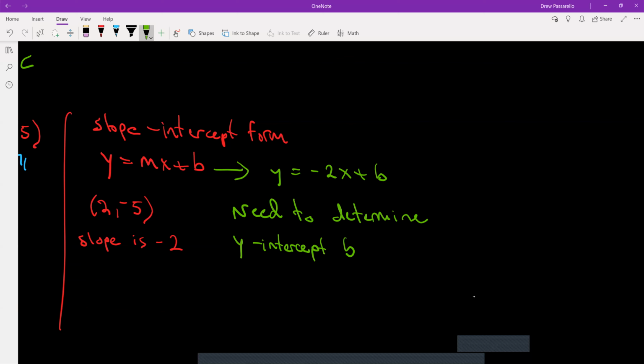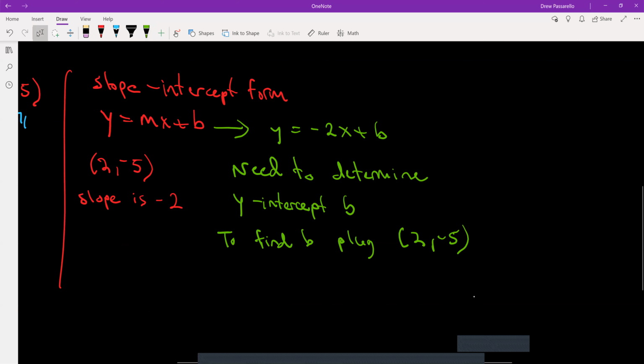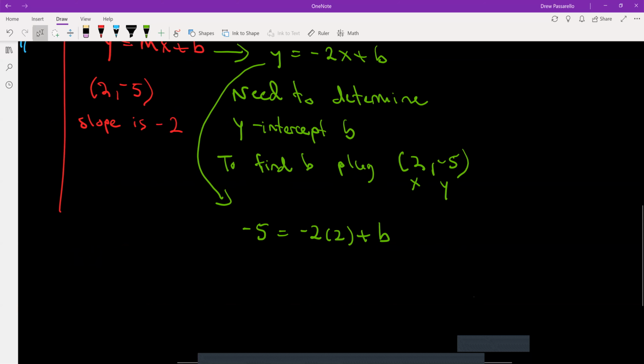All right, and I can do this by plugging in the given point. So to find b, just plug in the given point in the question for x and y. So I could plug 2 in for x, -5 in for y. Instead of y equals, it becomes -5 equals -2 times 2 plus b. So that's -5 equals -4 plus b. And then you'd add 4 to both sides.